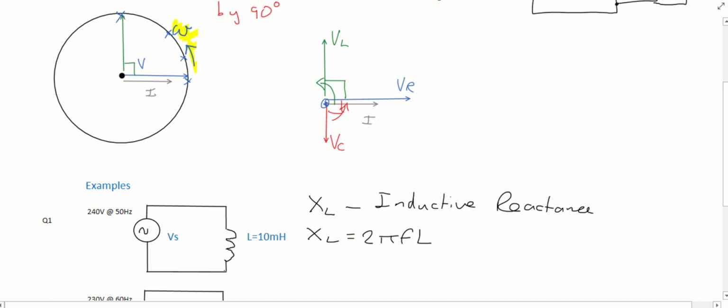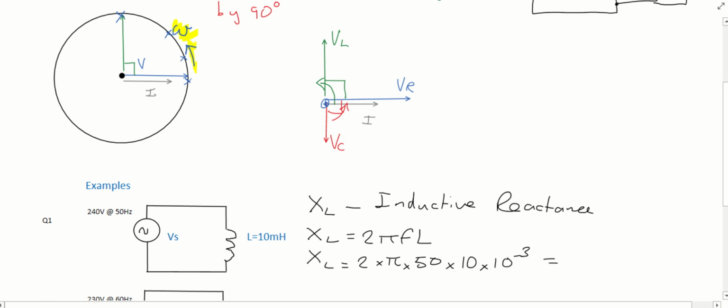So if we now go on to calculate what XL is, it'd be 2 times pi times the frequency, which in this case is 50 Hertz, times the inductance, which is 10 milli, so times 10 to the minus 3.